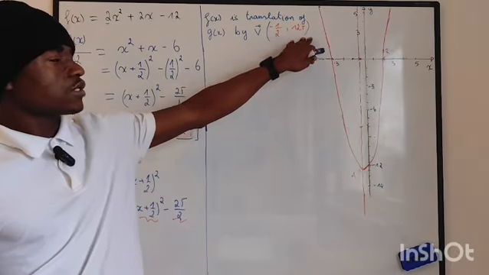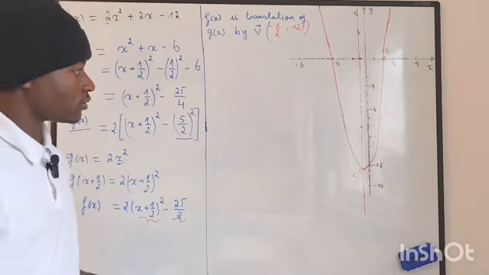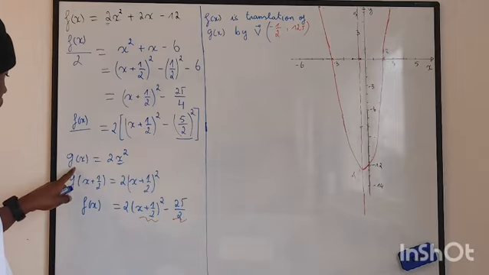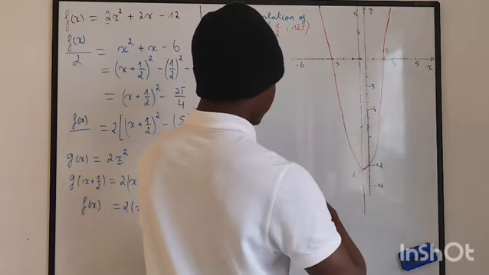If you look exactly, you can see that it corresponds to the vertex that we have by the other method. The graph of g, which is 2 times x squared, looks pretty much like this.